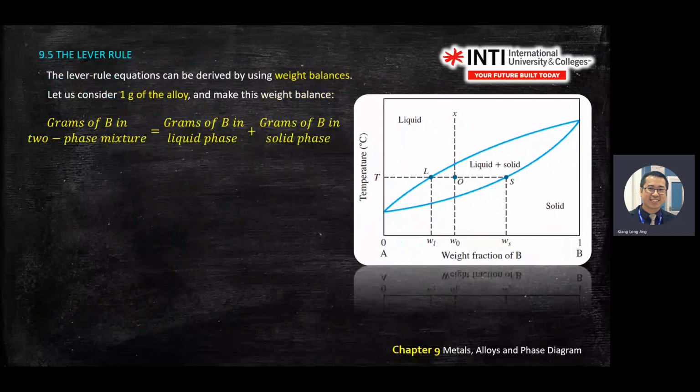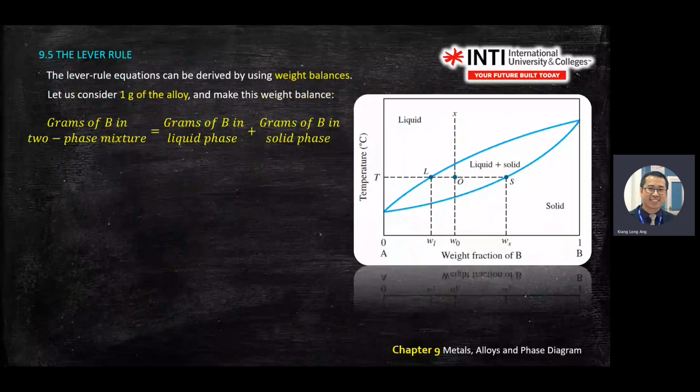Okay, then you start to do a little bit of chemical calculation. So you put 1 gram or 100 grams, doesn't matter. In this case, we just put 1 gram of alloy to make this a weight balance. So grams of B in the two phases will be grams in liquid and grams in solid, right?